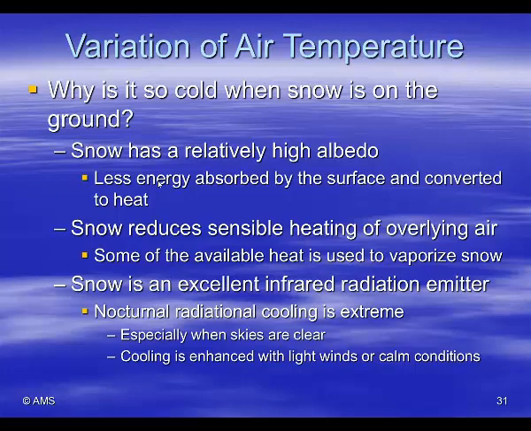Snow is actually an excellent infrared emitter, so during the night the radiative cooling effect of the snow is extreme, especially when the skies are clear. And cooling can be enhanced if there are light winds or calm conditions.